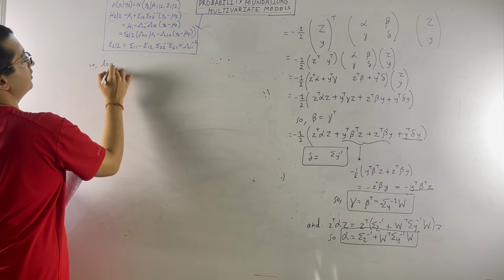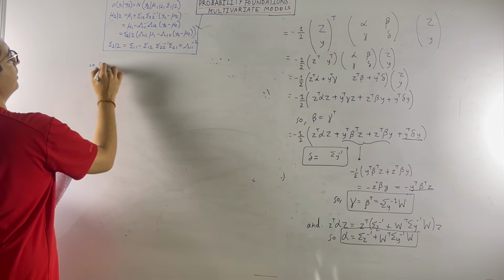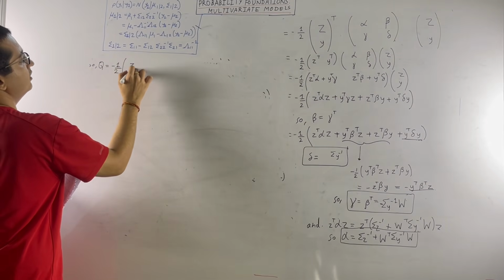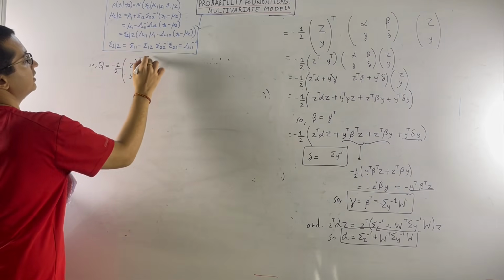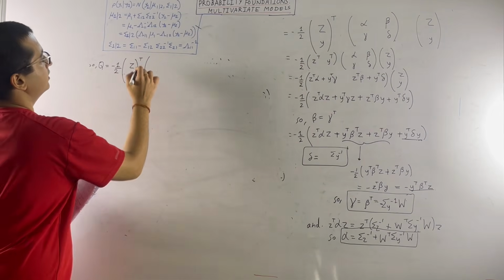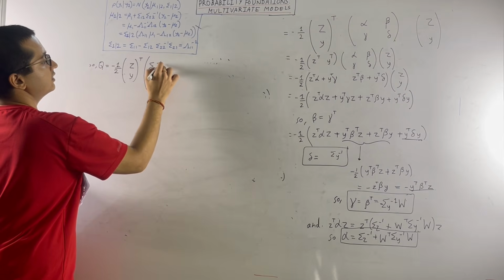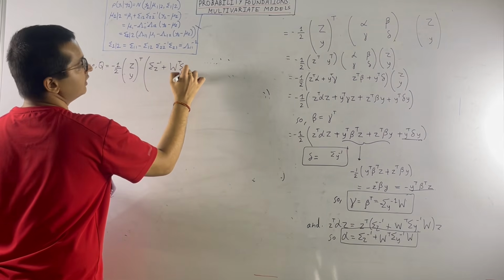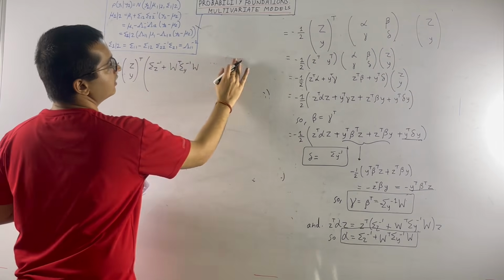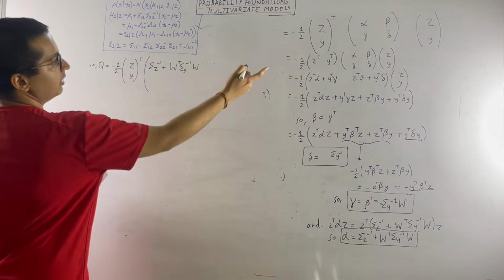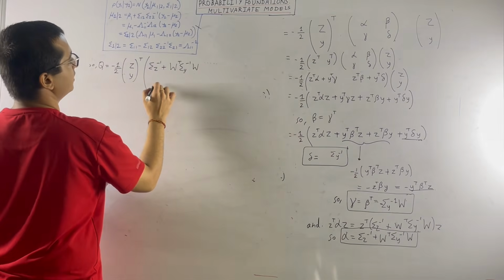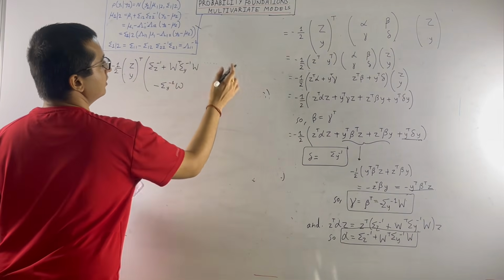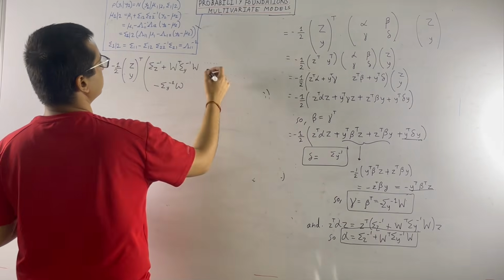We have written the quadratic form as minus half, zy transpose, all right. Alpha is sigma z inverse plus w transpose sigma y inverse w, and gamma is beta transpose, that is minus sigma y inverse w, and so beta is just the transpose of it.